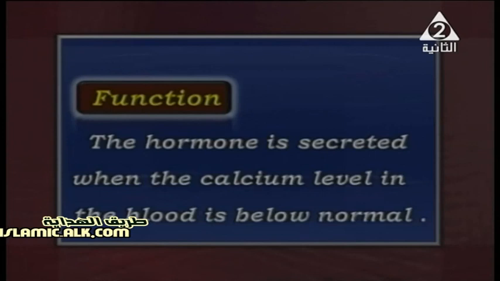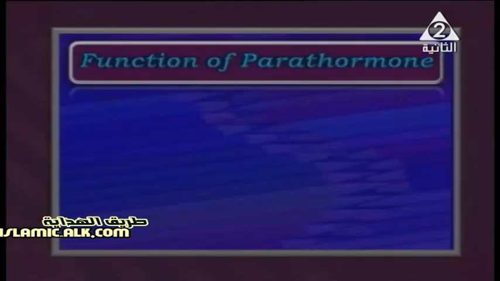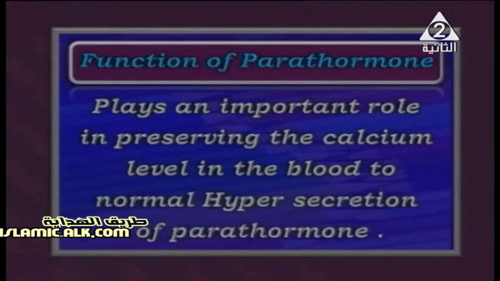The hormone is secreted when the calcium level in the blood is below normal, and it plays an important role in what? In preserving the calcium level in the blood to the normal secretion of the parathyroid hormone.